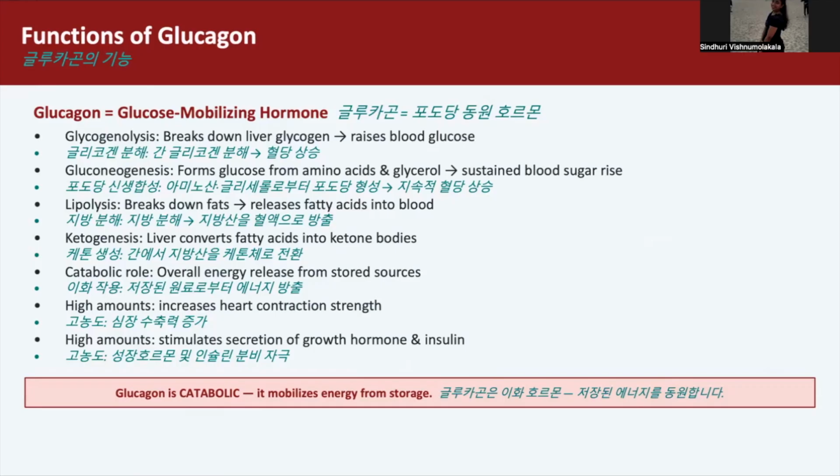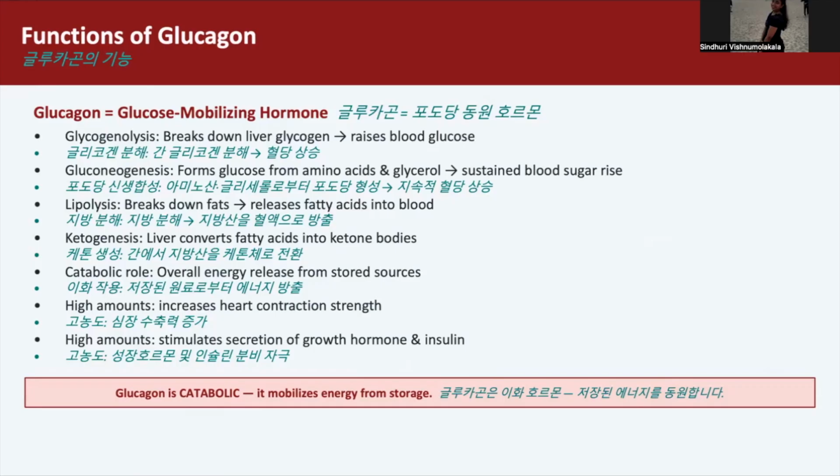It also stimulates the secretion of growth hormone and somatostatin by the delta cells. It thus increases heart contraction strength. So overall, glucagon is catabolic.